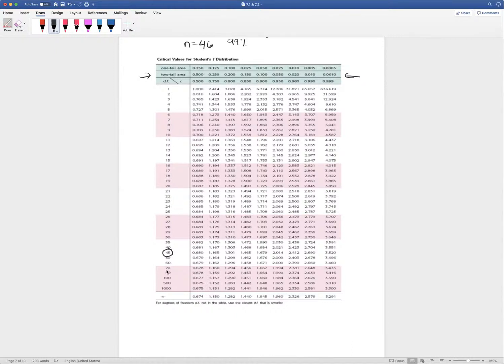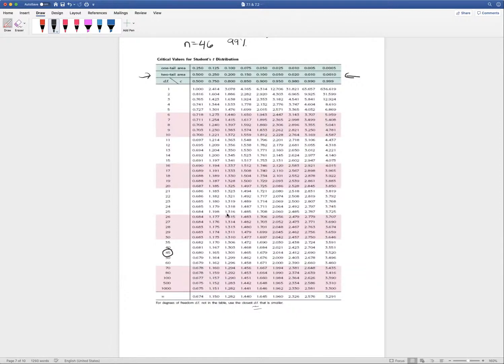So if we have 77, we'd go to the closest that's smaller, which is 70. That is because we want to be extra careful. We'd rather add a little bit of error to our estimate, or be more careful with our answer. So it's possible we're going to have a little bit more error because we don't have the exact degrees of freedom there. So you always want to choose the degrees of freedom that is smaller.